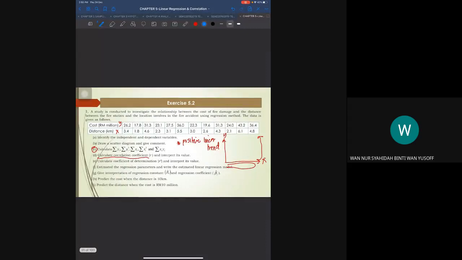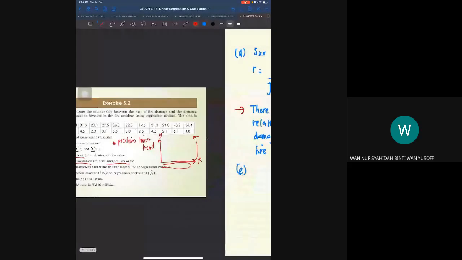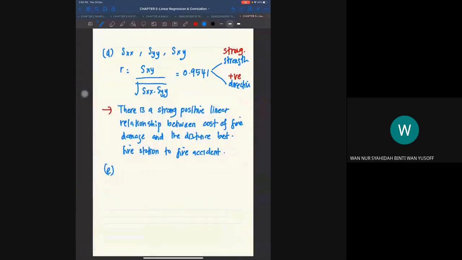Okay, and then E: calculate the coefficient of determination and interpret its value. So the coefficient of determination is your R square. So you have R square equal to 0.9541 squared, which gives 0.9103.